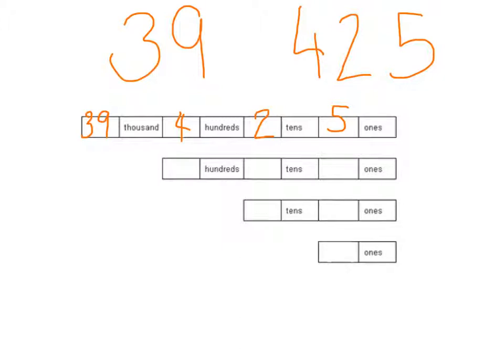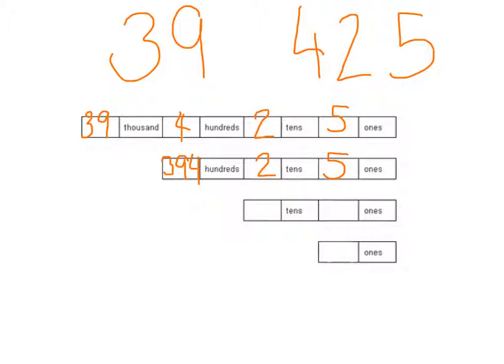Now, how many hundreds is that made up of? How many hundreds would I need? Let's think about it. If I have 39 thousands and 4 hundreds, I would have 394 hundreds, 2 tens and 5 ones. Alright, next line of our expander.